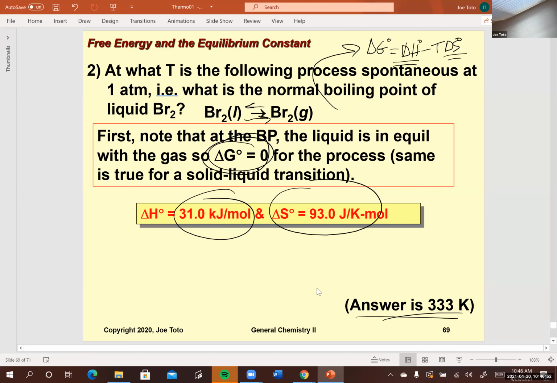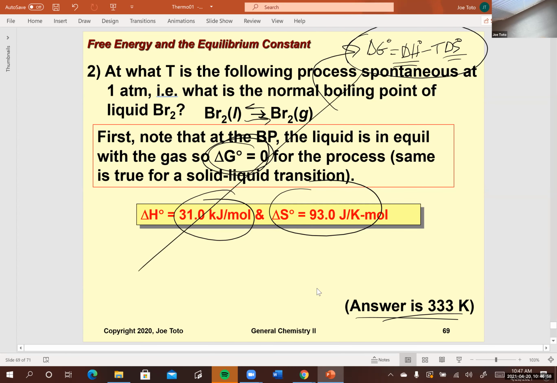Remember a couple of the sticky points when using these equations is that G and H are in units of usually kilojoules per mole, whereas S, the units in your textbook and online, are usually joules per mole Kelvin.